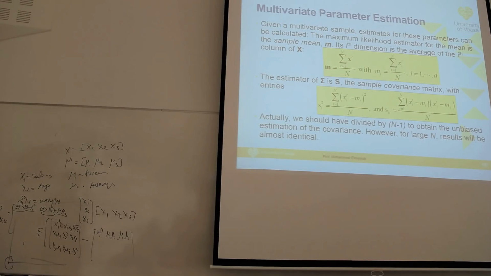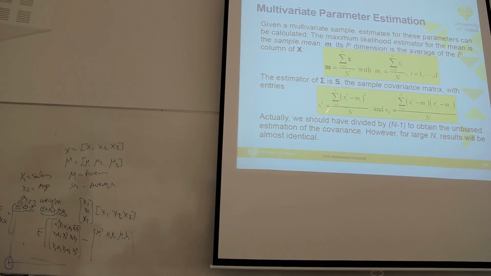How could we compute them? As we did in the single parameter case, we can compute m as the summation of all samples divided by n, and mi, the mean of every element, will be the summation over t of xi^t, where t is the sample index, divided by the number of samples that we have. I will explain them over a numerical example in order to understand how to compute them.